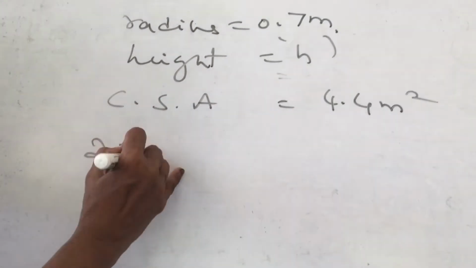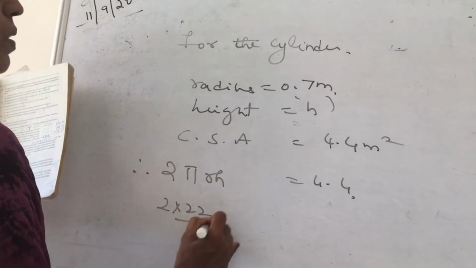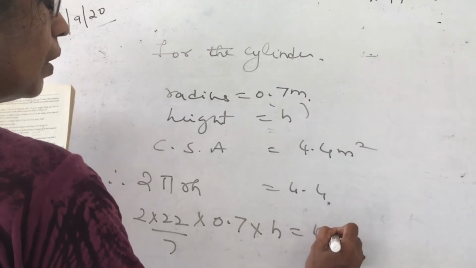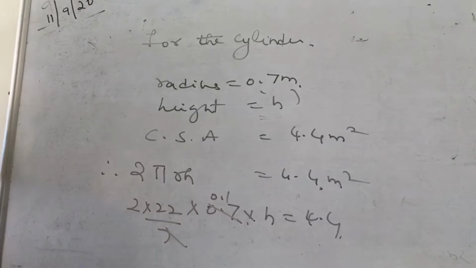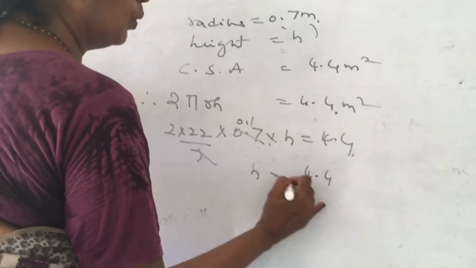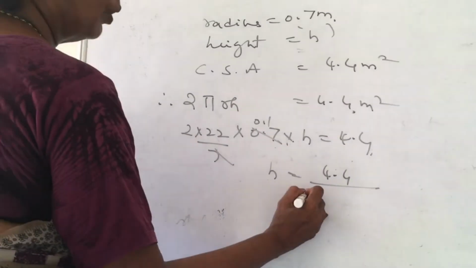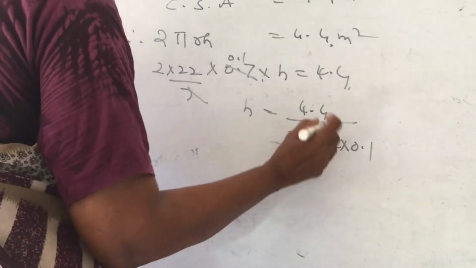As you are given the CSA, children, use the formula for CSA. 2 into 22 by 7 into 0.7 into h is equal to 4.4. 7 divides how many times? 0.1 times. H is equal to 4.4 divided by 2 into 22 into 0.7.